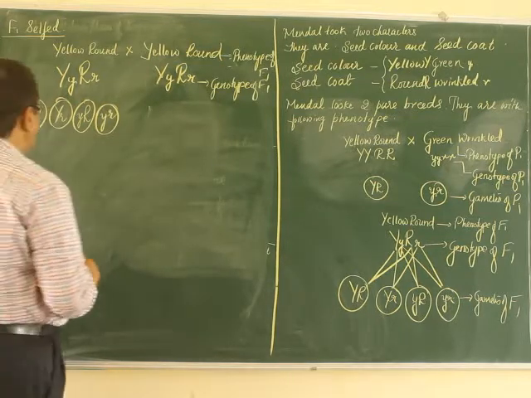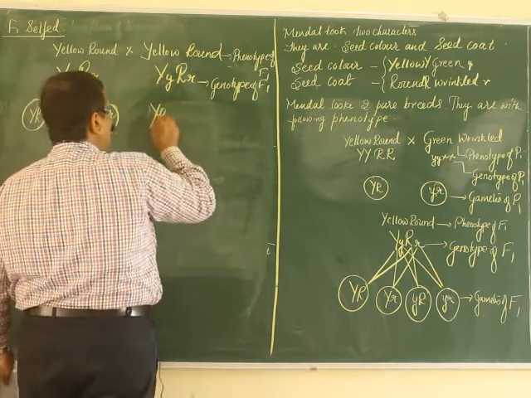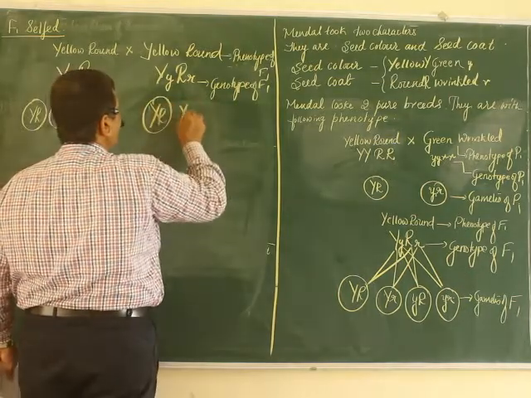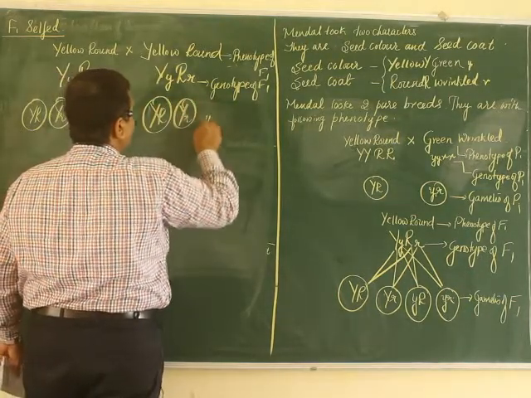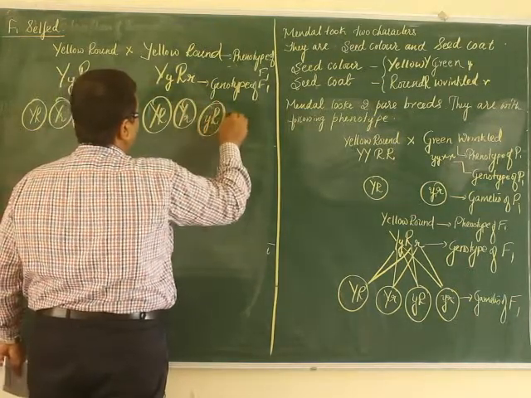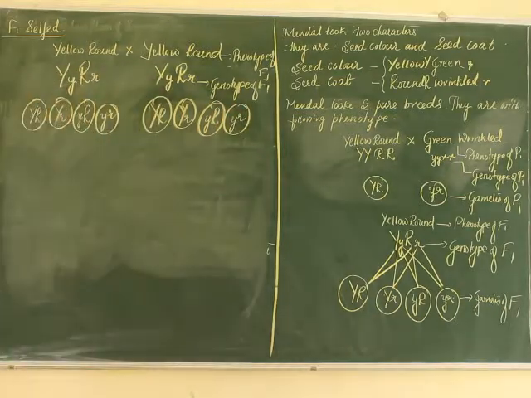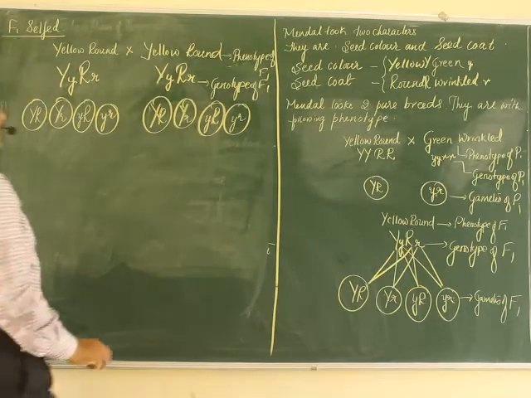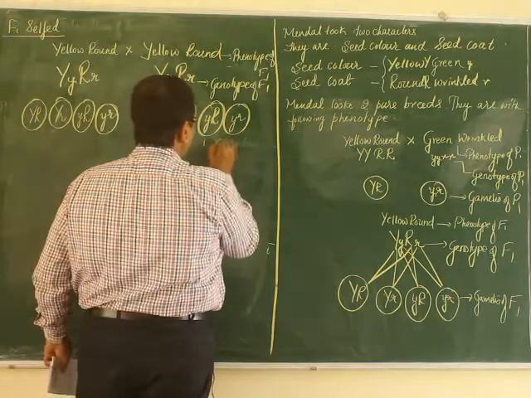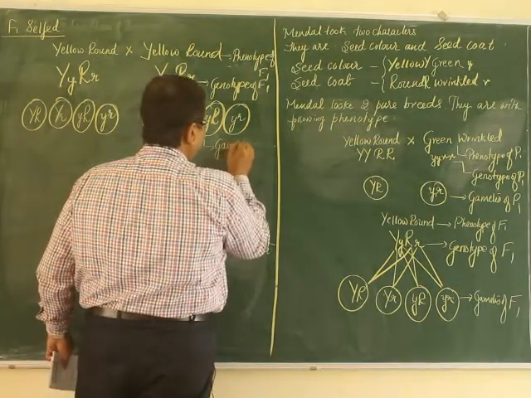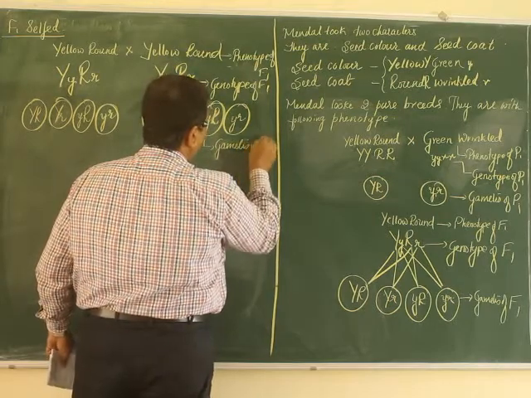Here also, the same four. So what I can write here? Gametes of F1.